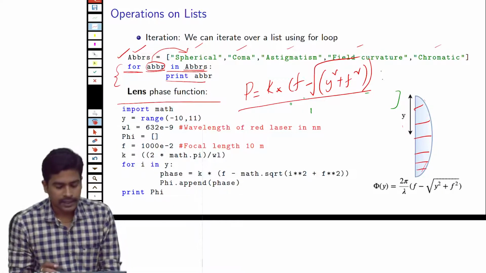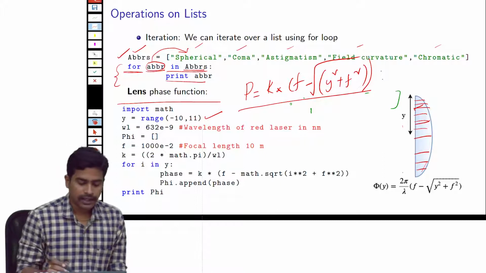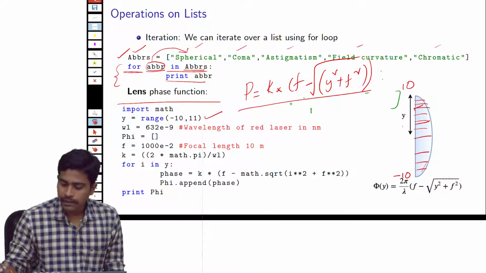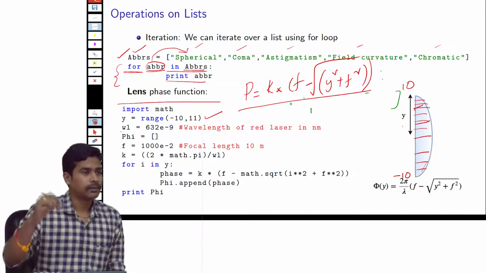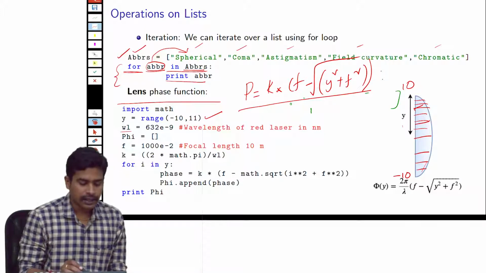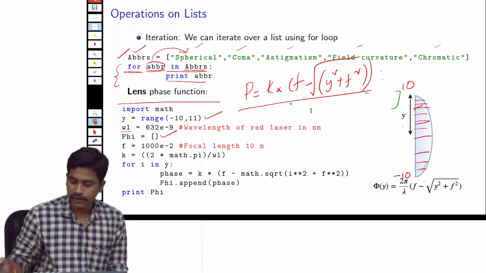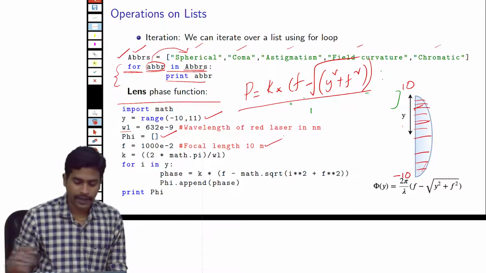So now let's sample this lens into equal points, and that is done using this range statement. Let's say this is minus 10 and this is plus 10, and we have around 20 points along the y-axis, and let's say the wavelength is 632 nanometers, and we have initialized an empty list, phase, which is going to hold the values of phi along this y-axis.